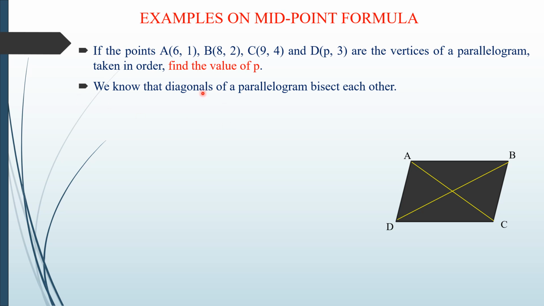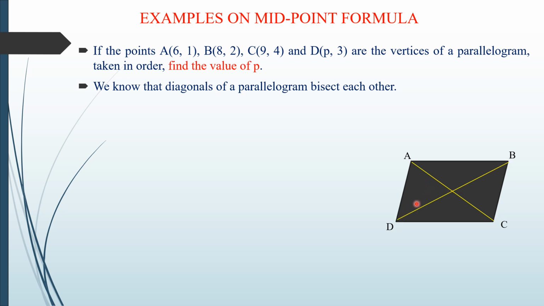We know that the diagonals of a parallelogram bisect each other. When these diagonals are drawn in this manner, they bisect each other, meaning they divide each other in 1:1. This is going to be 50%, this is 50%, this is 50%, this is 50%.